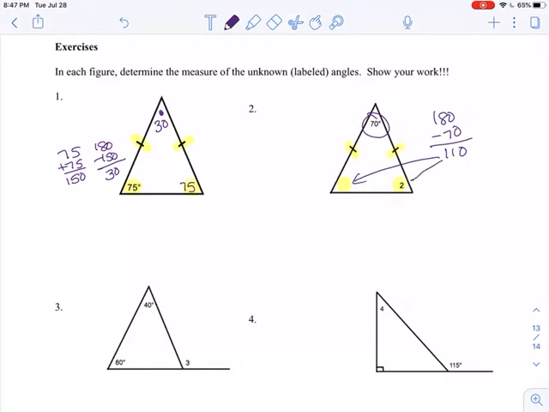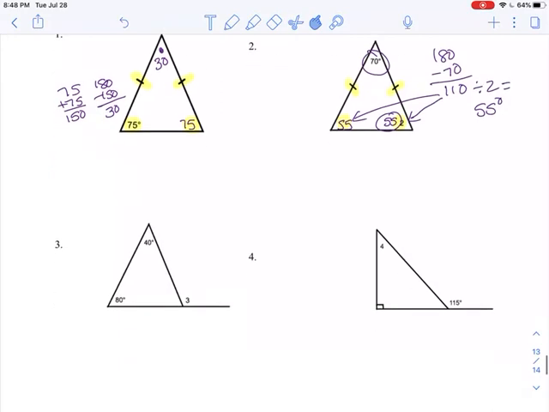That 110 is to be split between those two angles. So let's take 110 and divide it by 2. The reason I'm allowed to do that is because these two angles are equal to each other. So 110 divided by 2 is 55. So angle 2 is 55, and this angle on the left, although they didn't really tell me to find that, is also 55.